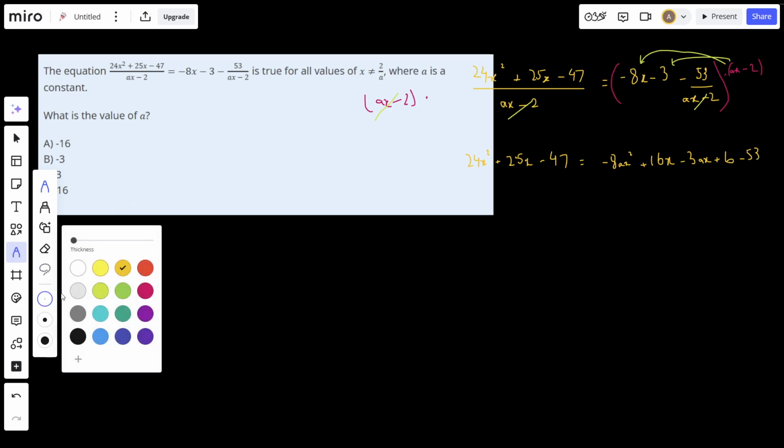So now we move everything on the right hand side onto the left hand side.